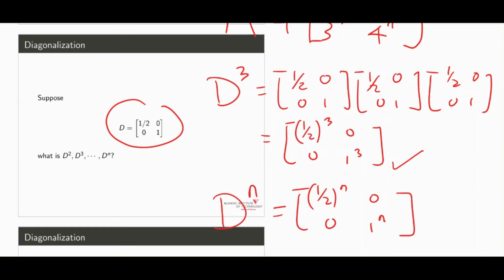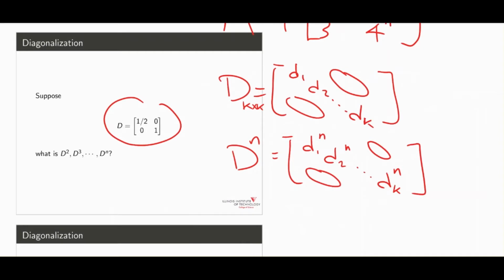This is one very important feature of a diagonal matrix: if your matrix is diagonal, then D to the power of n is nothing but this, where every entry on the diagonal is raised to the power of n. So we have a general pattern for the power of a matrix if the matrix is diagonal.